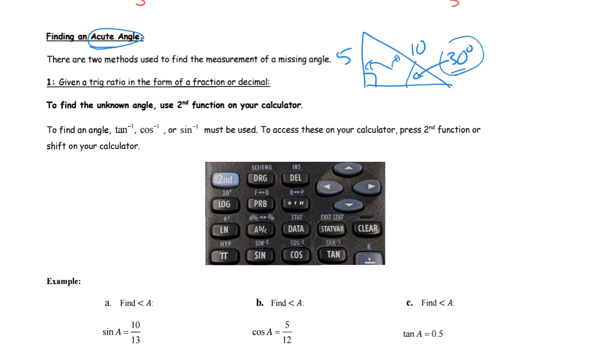Now, on your calculator, you will have these buttons right here, sine, cos, and tangent. Here are your trig buttons. Now, these buttons, the way they sit, sine, cos, and tan, take an angle and produce a ratio.